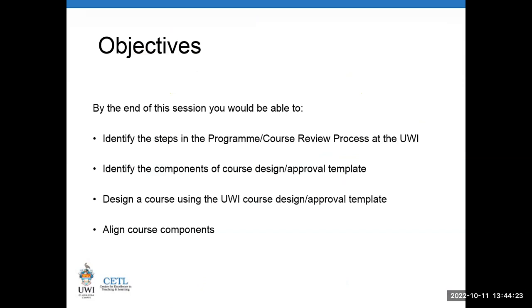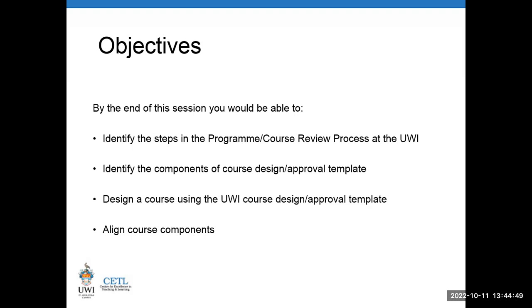By the end of this session, this webinar, which is an interactive webinar, we're going to have some more activities like what we did there along the way. We're going to be able to identify the general steps in a course or program review process. We're going to look at the different components in the course design approval, and there's a template.